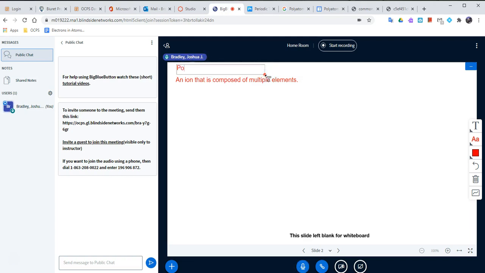Now, we're going to show one here, one of the more common ones. This is going to be the carbonate ion.